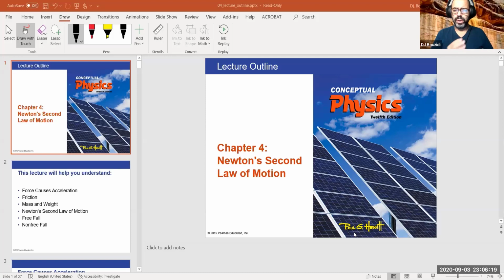So we already discovered the first law, and the first law says that if you have a single object, and that object is by itself in the universe, or you have many objects, and those objects can be isolated to appear as if they are by themselves in the universe, and those objects are not under net forces, then they will continue in the direction where they were moving with the same speed.